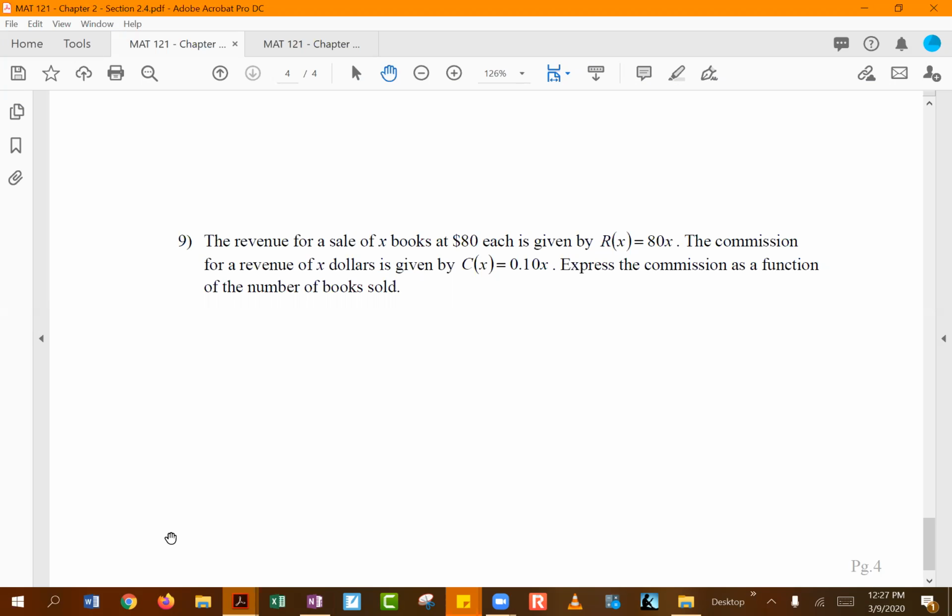So what they want to know is how can you write this as a function? They're saying express the commission as a function based on the number of books. So here's what's happening. In the commission function, this X is the number of dollars.